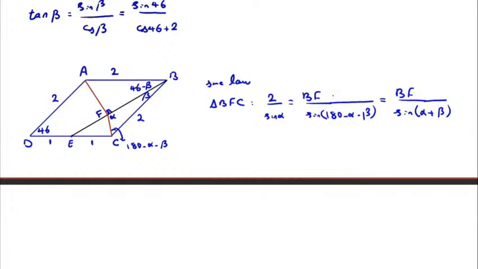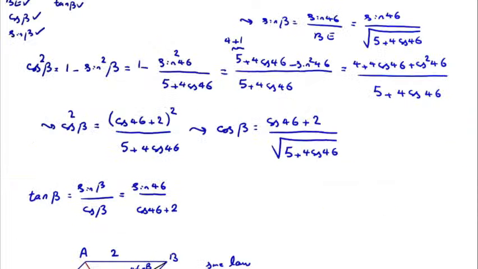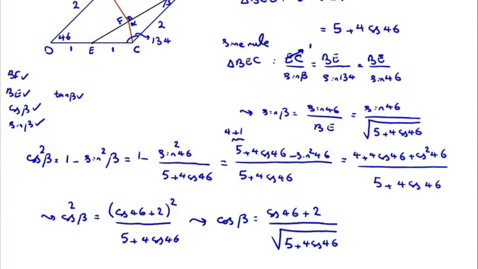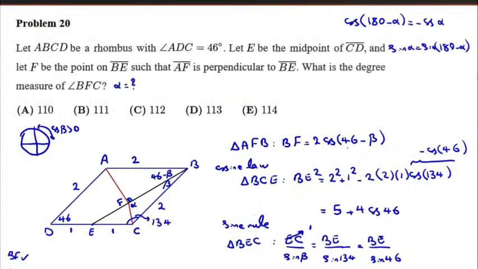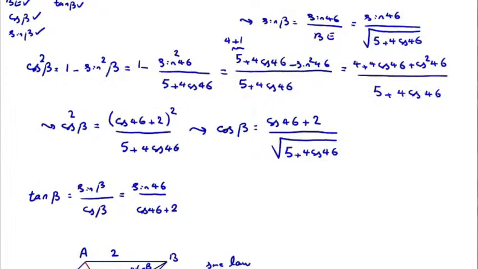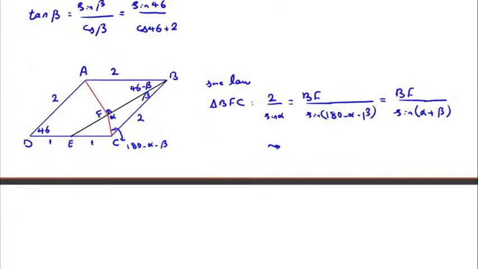And we found that BF was 2 cos 46 minus beta. So I can say 2 over sine alpha equals 2 cos 46 minus beta over sine alpha plus beta.